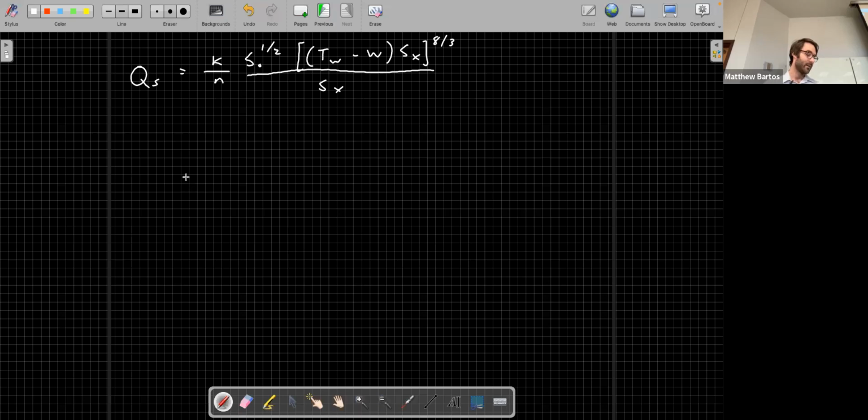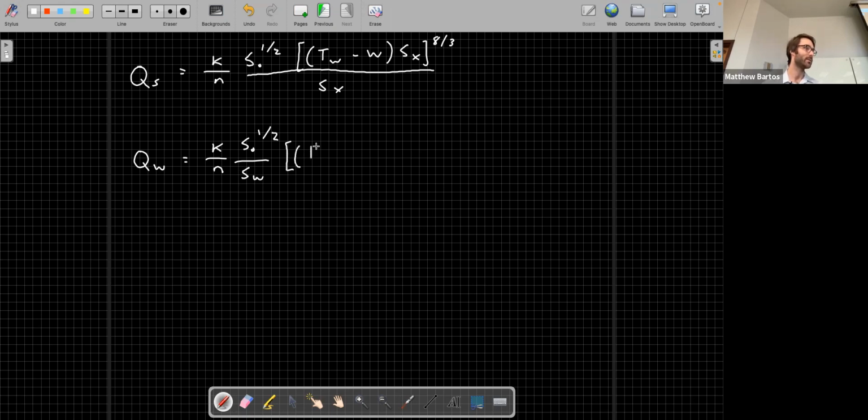Okay. And the flow near the curb, we essentially just plug in D1 minus D2. And what we get is the following expression, K over N times the longitudinal slope to the 1/2 power divided by S sub W, so that's the steeper slope, times the following quantity.